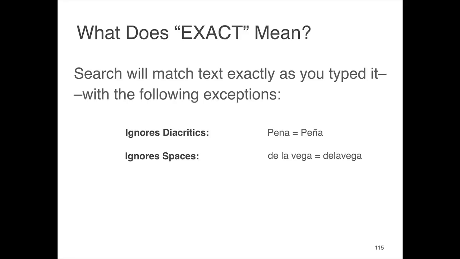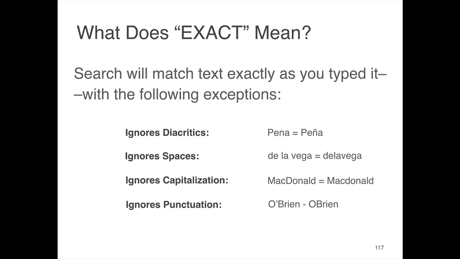It's going to ignore spaces. So De La Vega with spaces is exactly the same as far as the search system is concerned as De La Vega without spaces. It's going to ignore capitalization. McDonald with a capital D is the same as McDonald with a lowercase d. And lastly, it's going to ignore punctuation. My family name O'Brien is found with and without apostrophes.